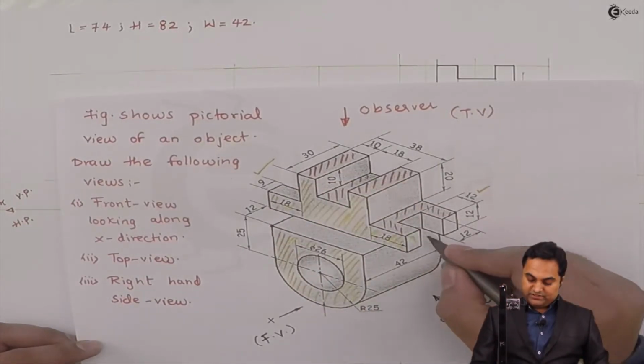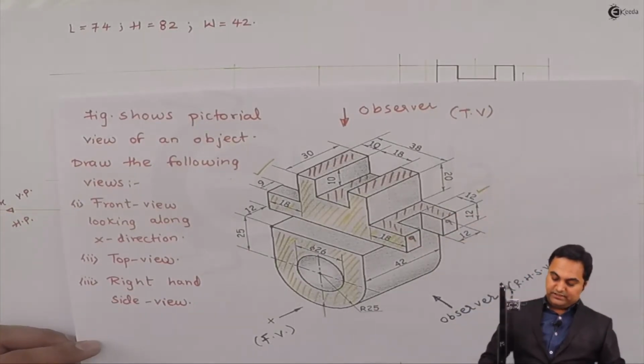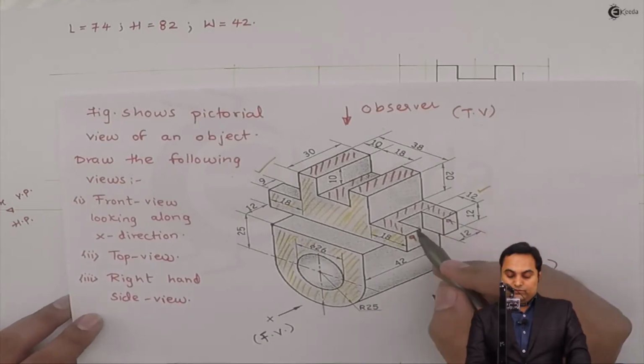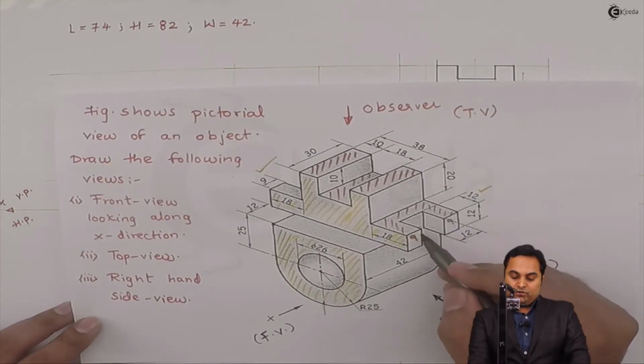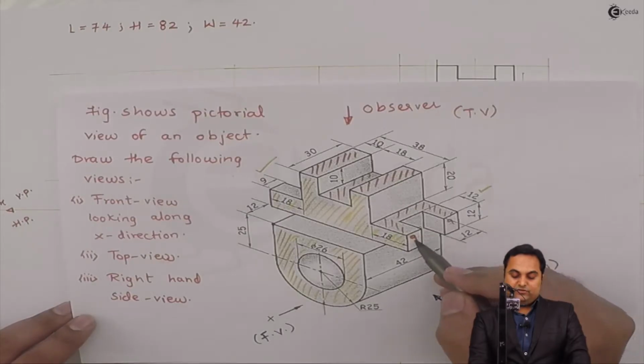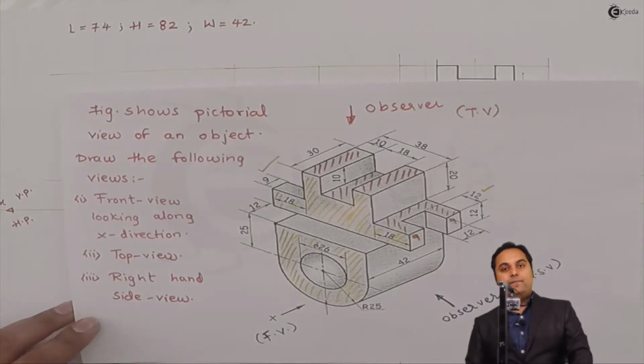So 9 mm on one side, 9 mm on the other side, that is the length. So out of the total width, which is 30 here, so this is 9 width, this is 9, so 18. So this gap into the middle portion will be of 12 mm.